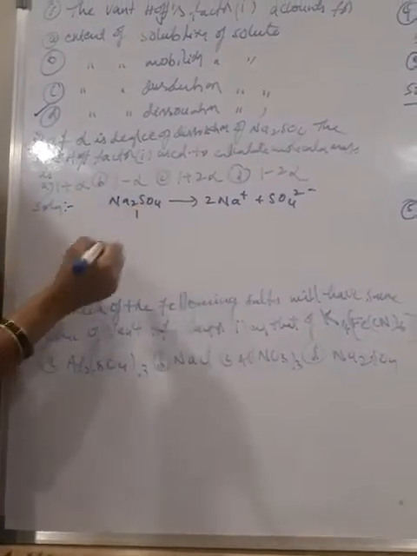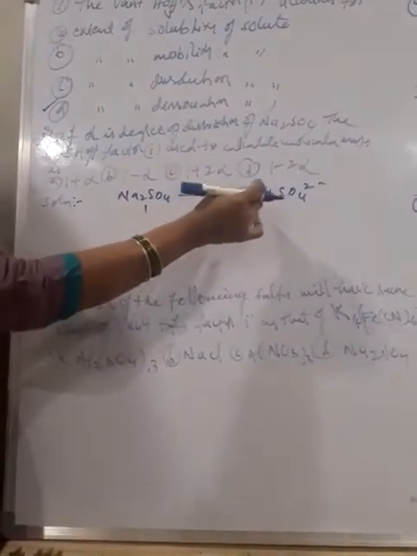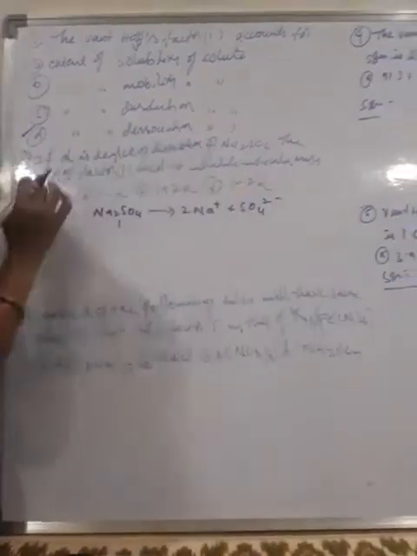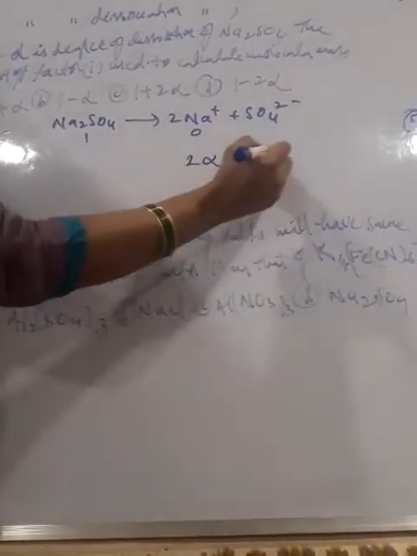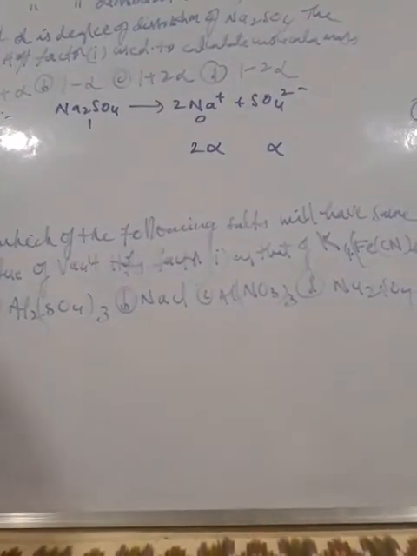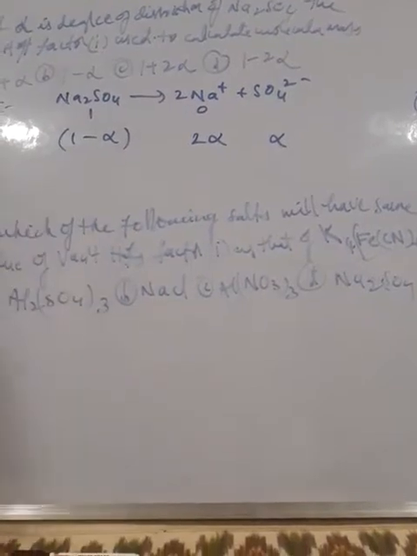So, one particle of Na2SO4 on dissociation forms the sodium ions and sulfate ions. Initially 0 ions are there. After dissociation, we get 2 alpha and alpha ions of sodium and sulfate ions. And particles left is 1 minus alpha.